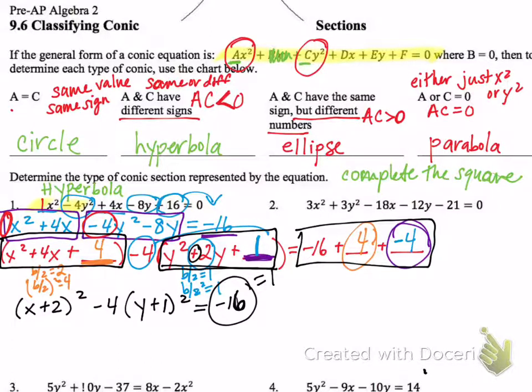What would I need to divide it by? Negative 16. So I'm going to divide everything by negative 16. Aren't a and b different? Yeah, that's okay.